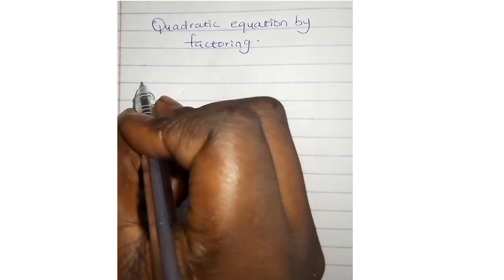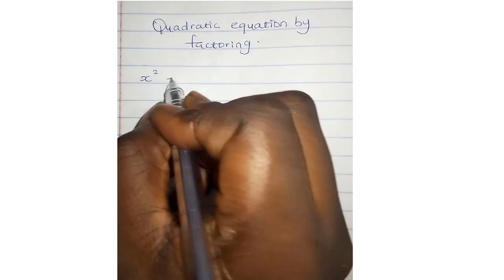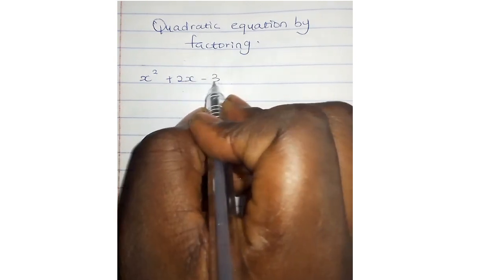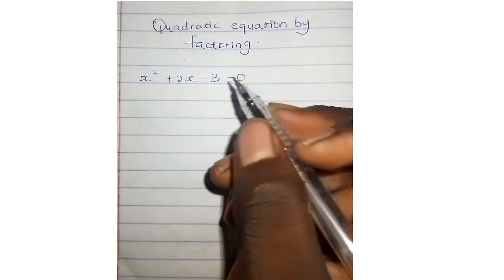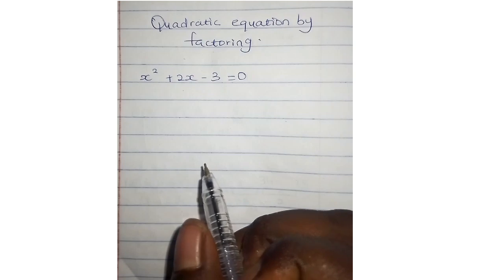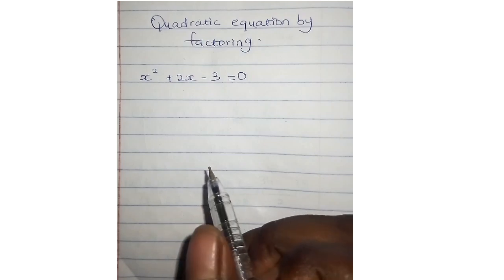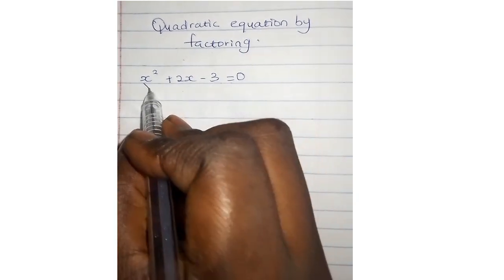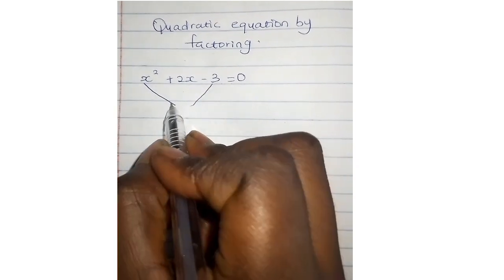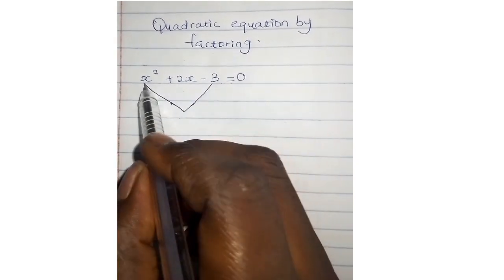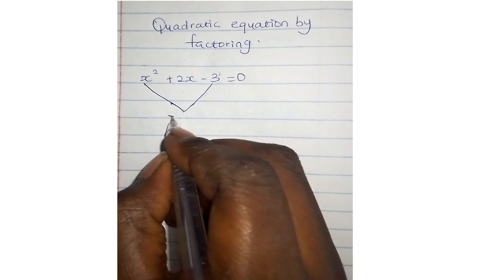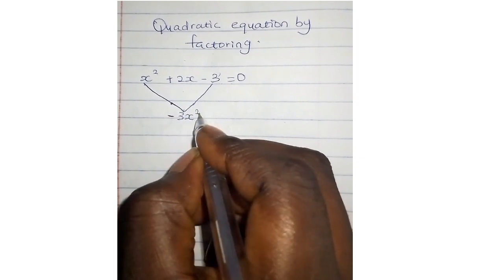Maybe given an equation x squared plus 2x minus 3 equals 0. Now what we simply do, we're going to take the first value and the last value. We're going to multiply them together, which is to say this and this. And when we multiply this and this together, we're going to have negative 3x squared.